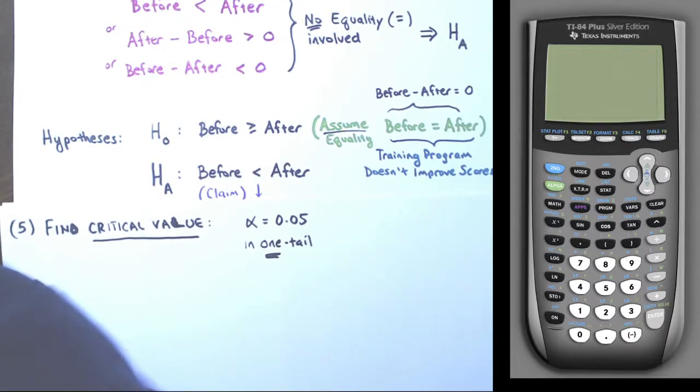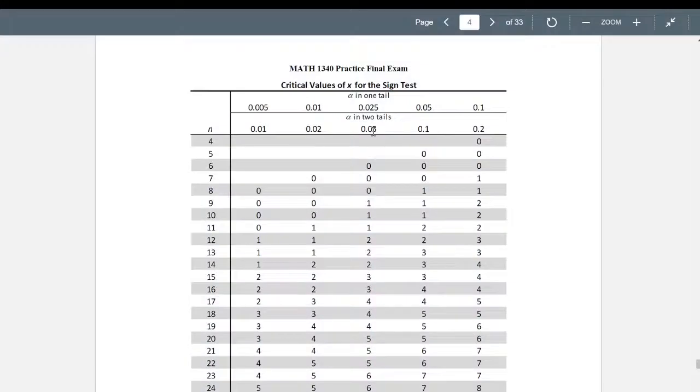Let's go back to the table. You see at the top there's alpha in one tail, and below that, alpha in two tails, which is just double the alpha in one tail values. You see 0.025 here, then 0.05 below it. So we had a one-tailed test and our significance level was 0.05.